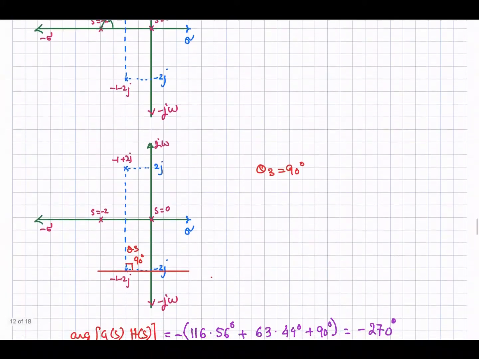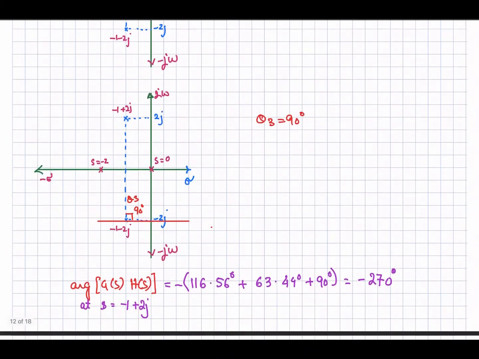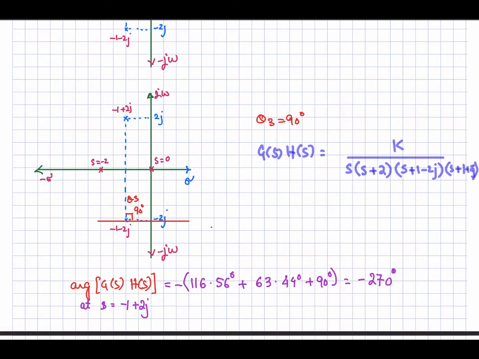First of all, let's write down this expression, that G(s)H(s) is equal to K over s, one pole at the origin, the other pole at -2, so (s+2), and the next poles at (s+1-2j) and (s+1+2j). So these are the four poles, right? So we need to find out its argument.